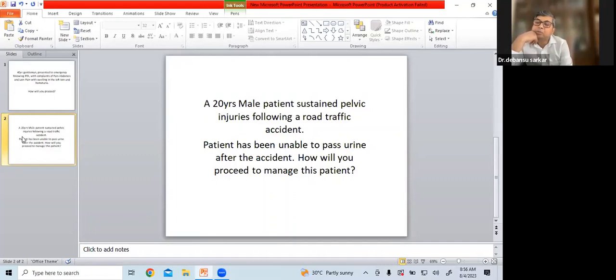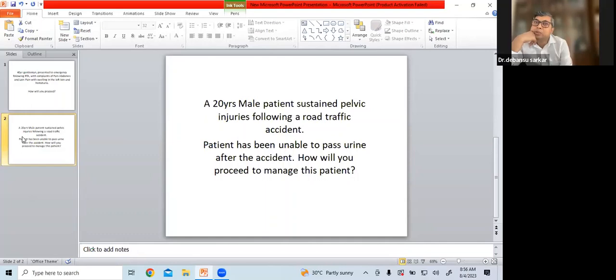You pass a flexible scope through the suprapubic route and a rigid scope through the urethra, and try to pass a guide either from below up or from above down, and put a catheter. If you can put a catheter through the urethra in the immediate setting, there is less chance of stricture formation, and even if a stricture forms, the distraction is less severe.